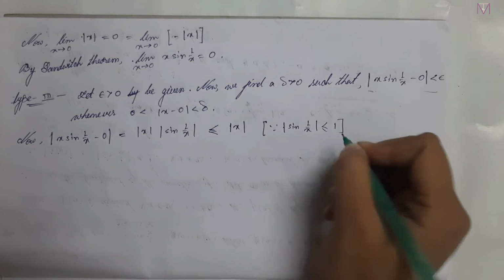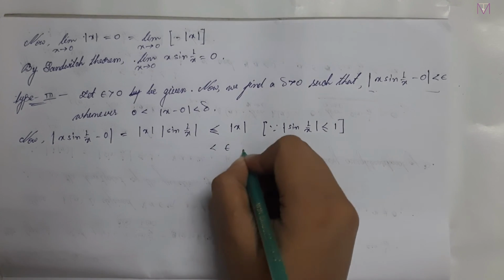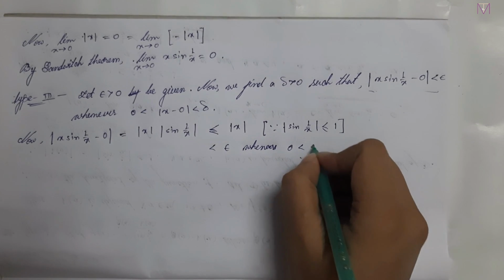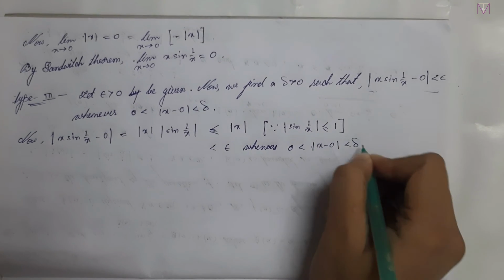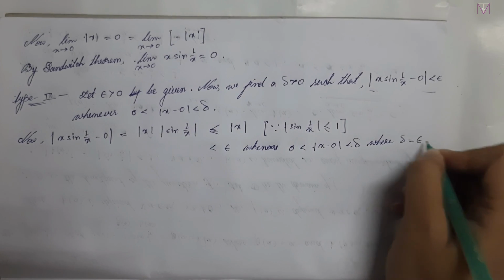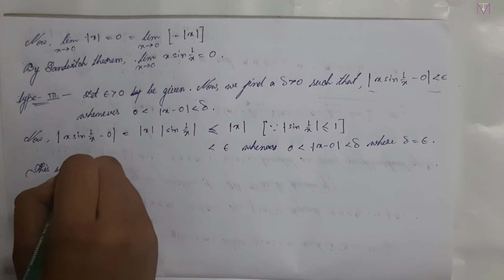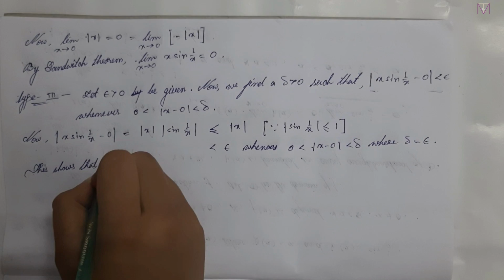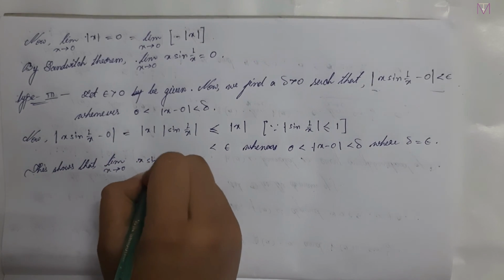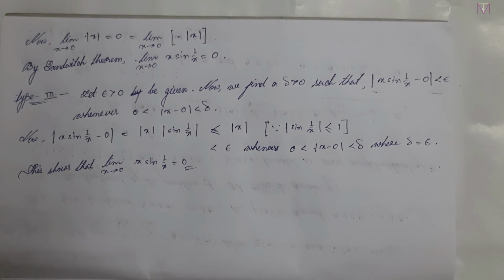So mod of sin 1 by x less or equal to 1, that is less than epsilon whenever 0 less than mod of x minus 0 less than delta, where delta equal to epsilon. This shows that limit x tends to 0, x sin 1 by x is equal to 0. Okay, this is proved. This is one type.